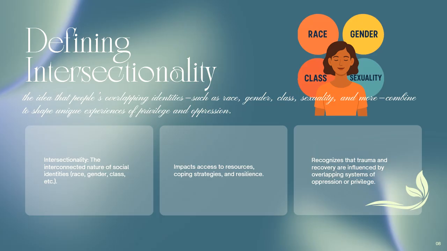Third, it helps you to recognize what the trauma would be, and the recovery process that might have to be undertaken, and how it'll influence these overlapping systems that helps to make a person who they are, whatever their cultural identity will be.